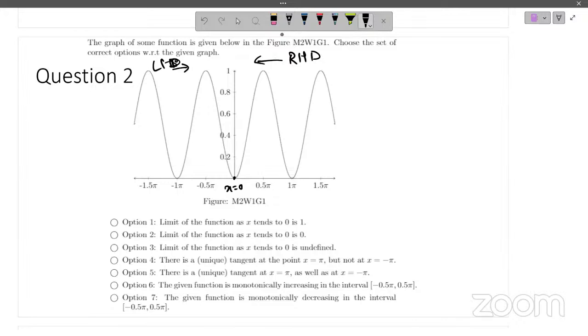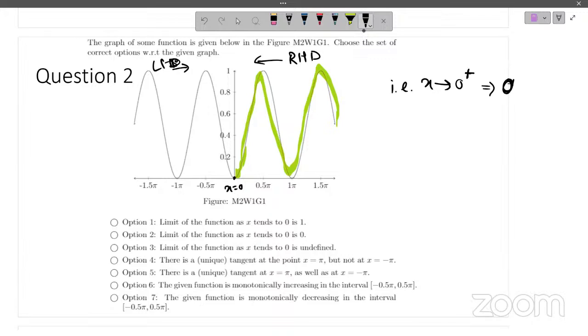If you travel through this graph, you can observe that from the right hand side, when I reach x equals 0, this point is y equals 0 also. So as x goes to 0 plus, it will become 0.